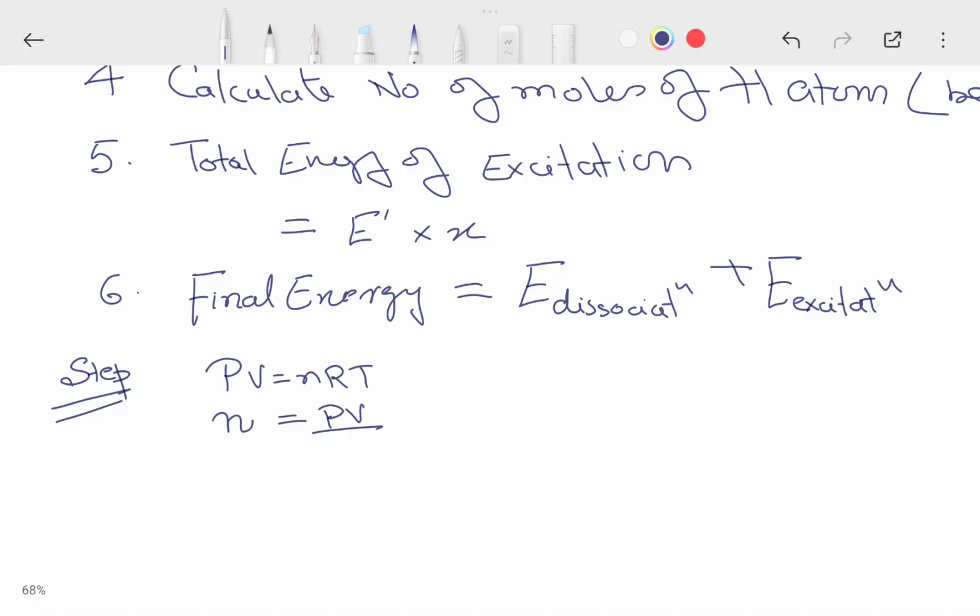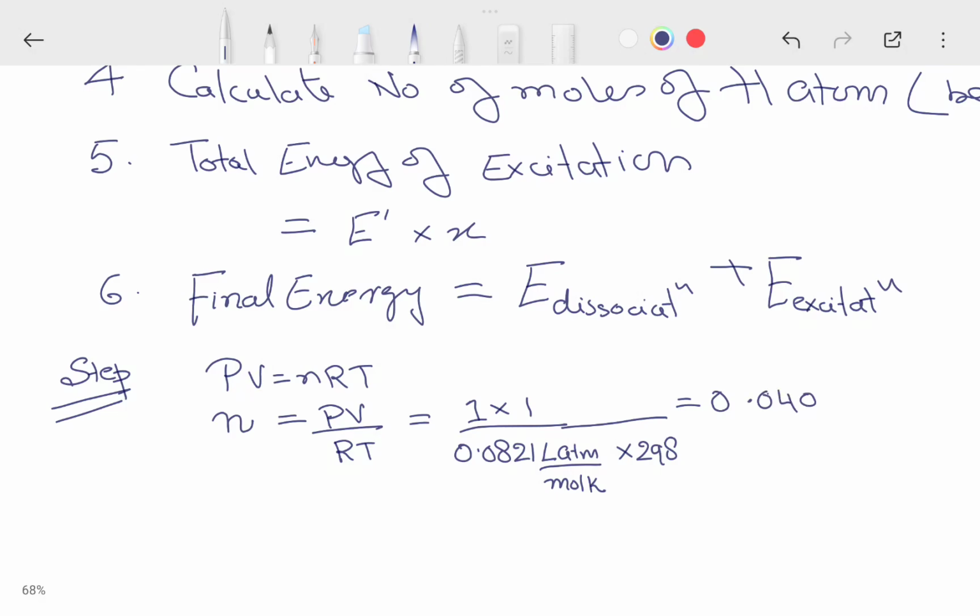So it is PV by RT. 1 into 1 upon, here we'll take the value of R as 0.0821 liter atmosphere per mole Kelvin into 298. On solving this, we get the value 0.0409 moles. So this is the value of small n.